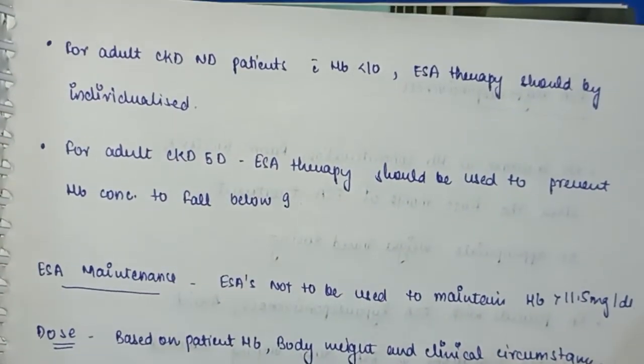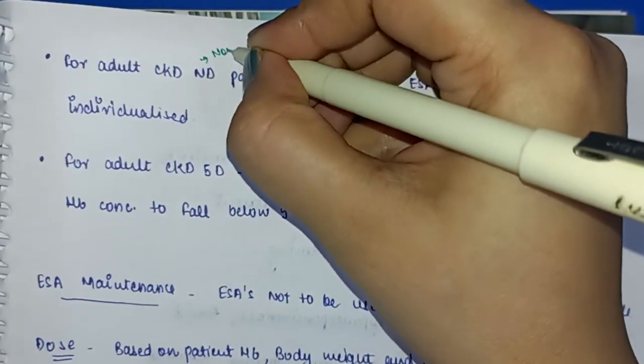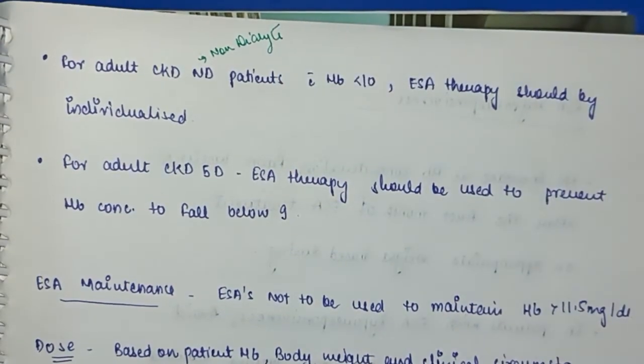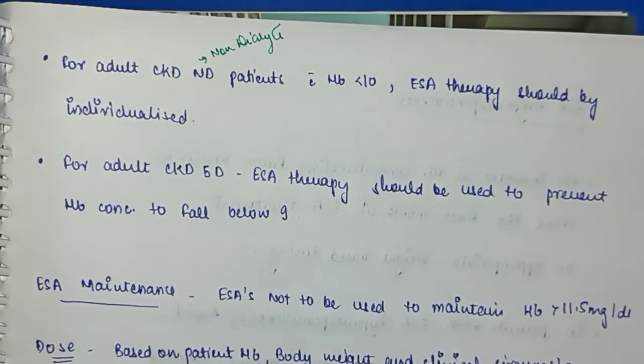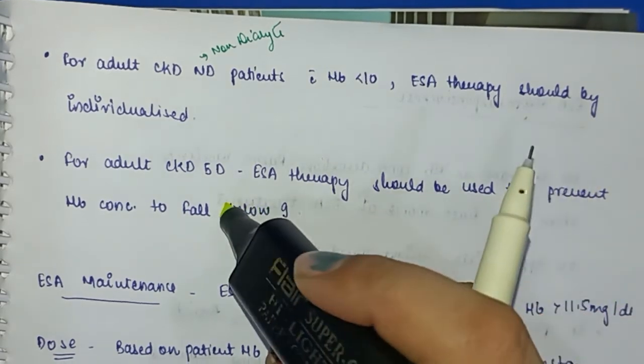For adult CKD non-dialytic patients with hemoglobin less than 10, ESA therapy should be individualized from patient to patient. And for adult patients with CKD stage 5 on dialysis, ESA therapy should be used to prevent hemoglobin concentration from falling below 9.